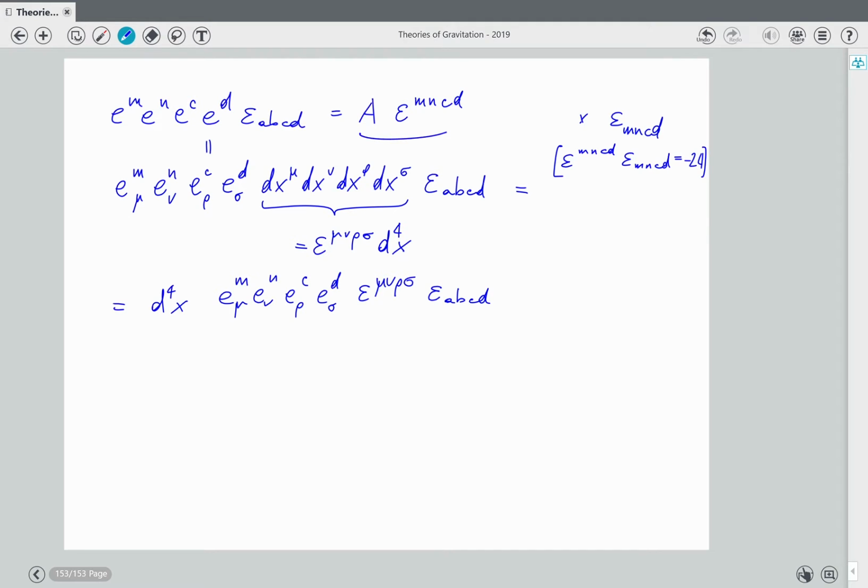So from the right hand side you have minus 24A, and from the left hand side you have epsilon_{mncd} times that thing. So let me copy this thing. It is equal to d^4x epsilon_{mncd}.